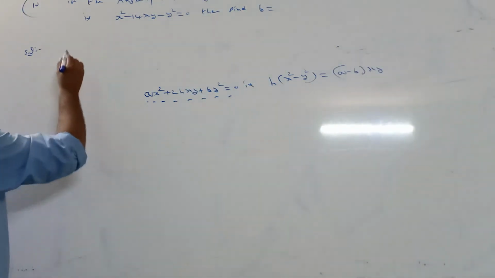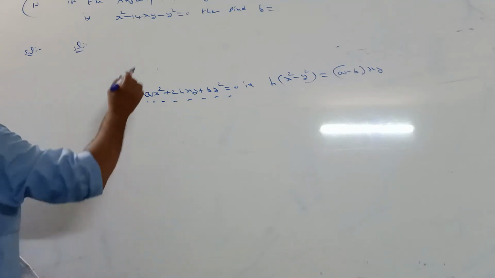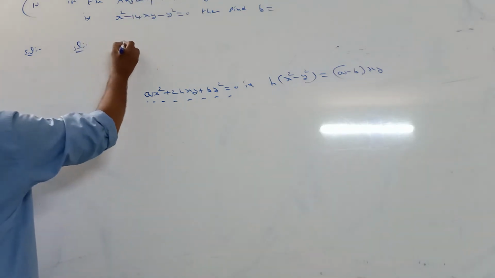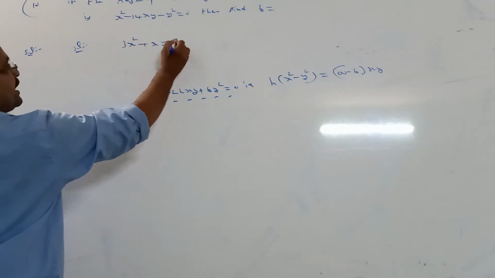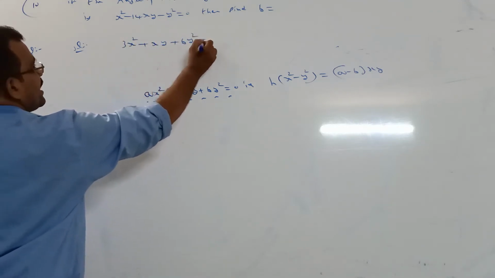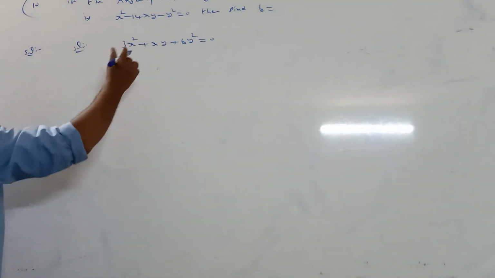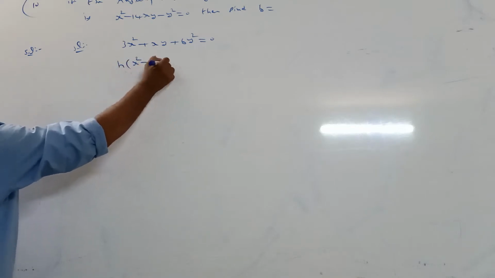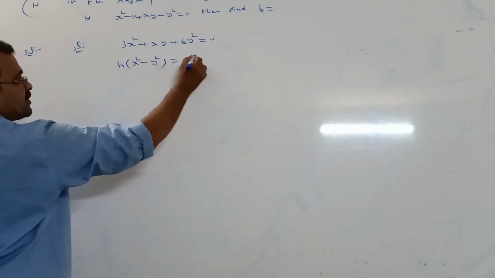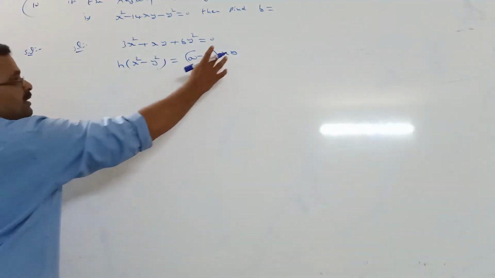So first I applied that angular bisectors formula for the given pair of lines. 3x square plus xy plus b y square equal to 0 is the given pair of lines. So I applied the angular bisectors formula: h of x square minus y square equal to (a minus b) into xy.